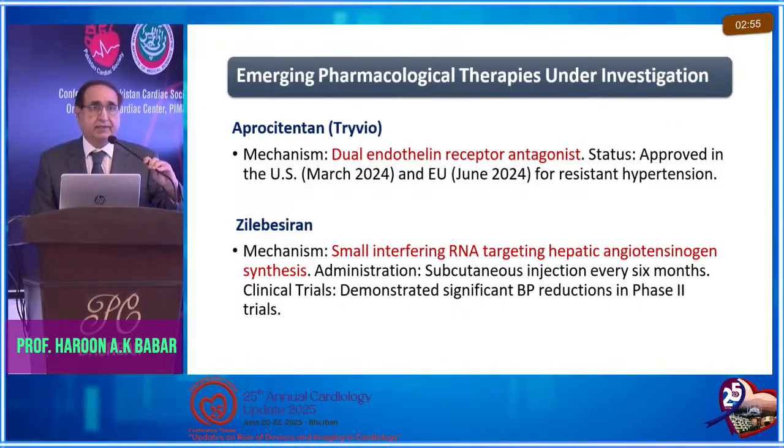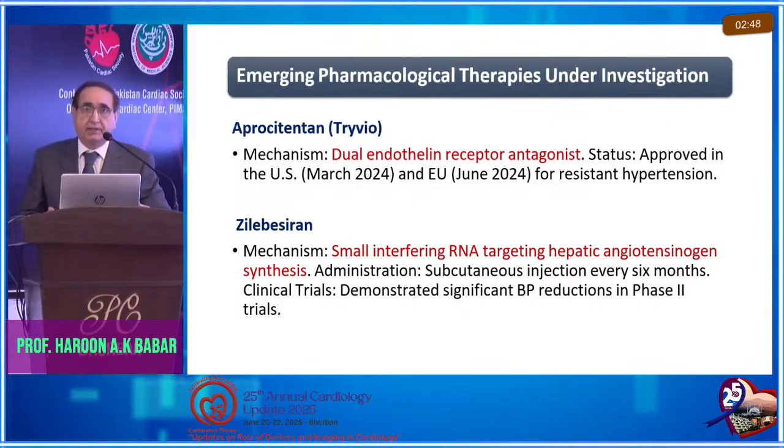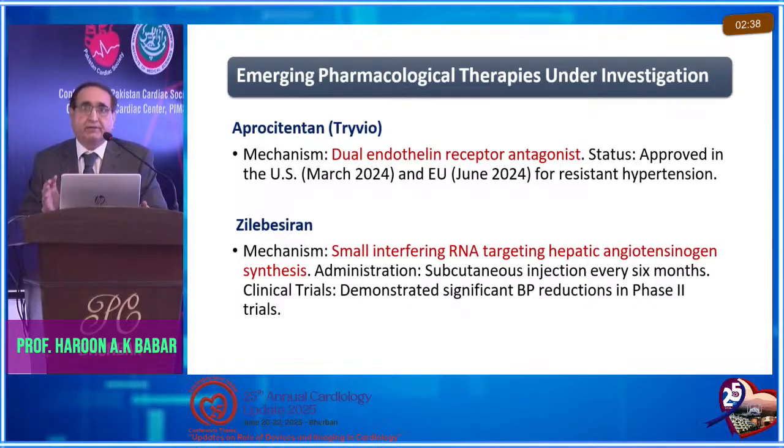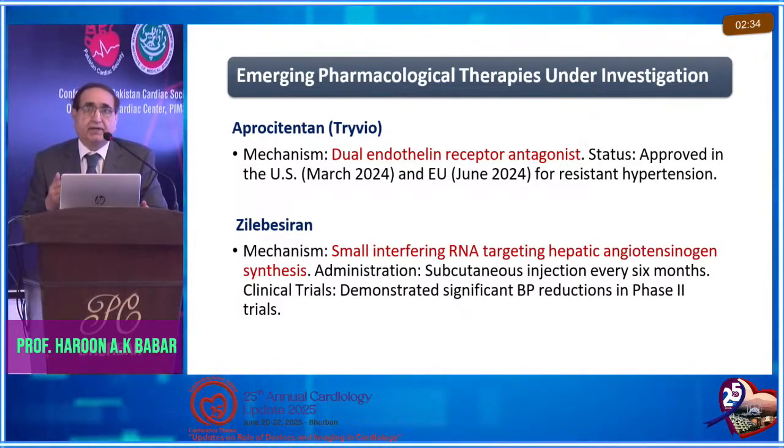Aprocitentan is a very interesting drug. As you must be aware, endothelin 1 acts on endothelin A and B receptors, and this drug stops its action on the A and B receptors. That leads to vasodilatation and anti-fibrotic, anti-proliferative effects throughout the body.